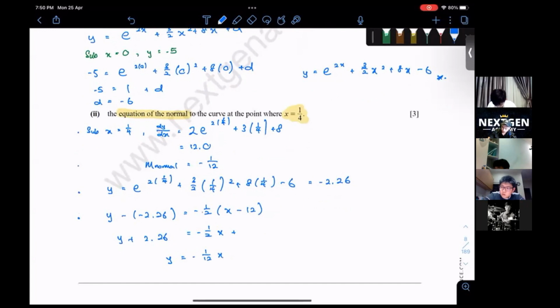Wow, so big. Negative 1/12x, this will be 2687 over 1200. Try not to do that because all this is already rounded up, right? Your decimal and all. So just keep it in decimal. That's what I would recommend.